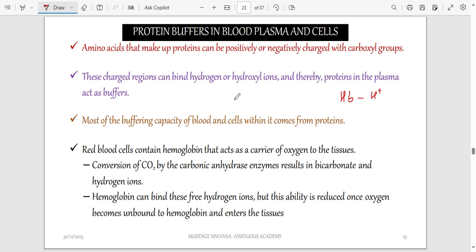And this hydrogen is coming from a conversion because carbon dioxide, if we have got too much carbon dioxide in our bodies, can react with water. And this is going to form hydrogen ions plus bicarbonate. But before we form this, we are actually going to form first carbonic acid and then it will break. This hydrogen cannot be carried by the bicarbonate, so hemoglobin also acts as a buffer.